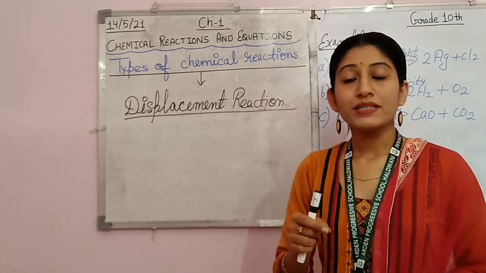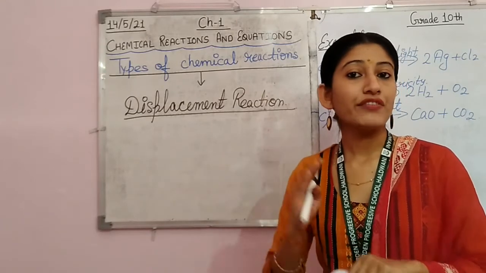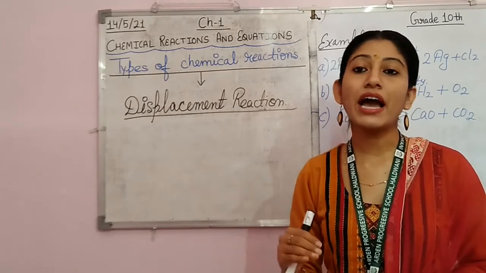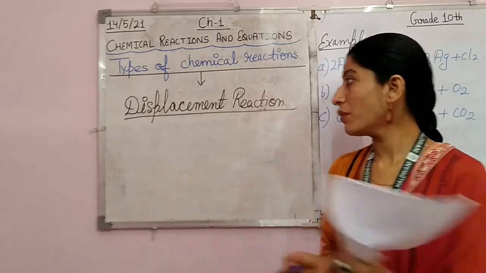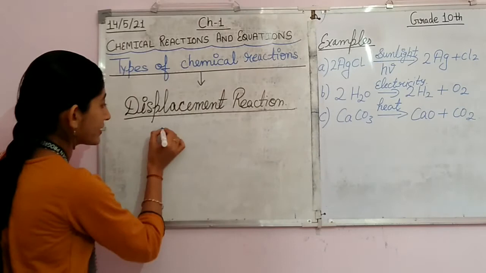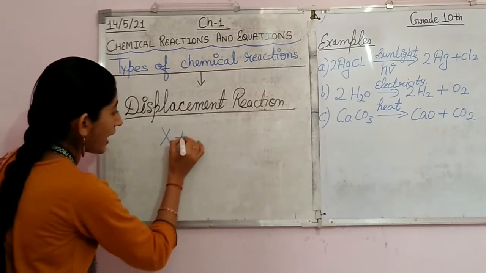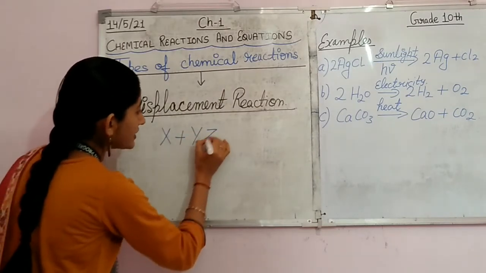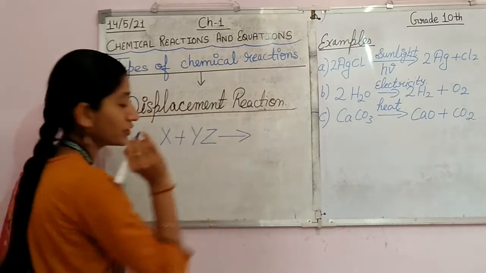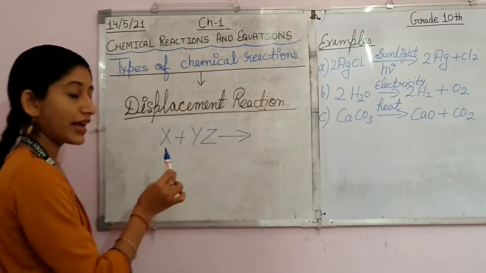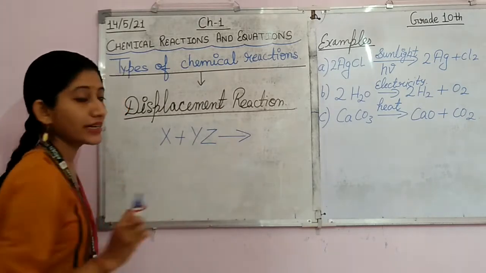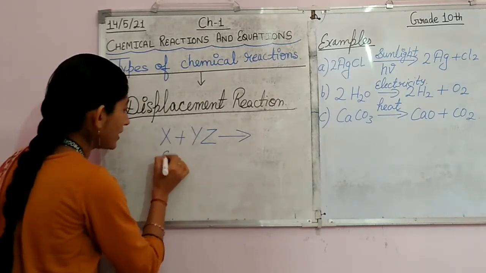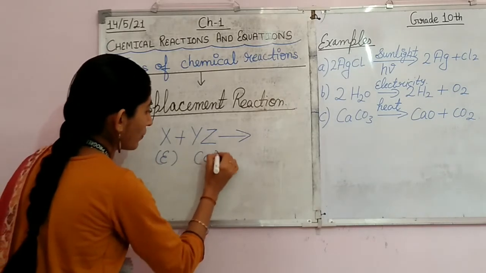So we take one element and another we take as a compound. How? Let's see. Suppose we have X as an element and YZ as a compound. This is the element and this is the compound.